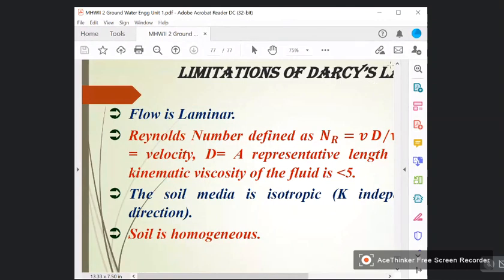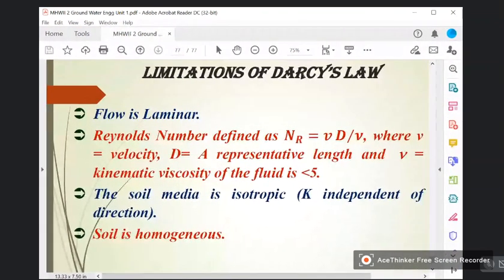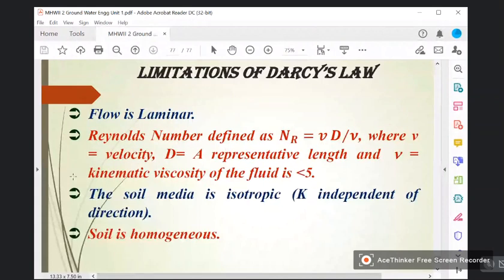So, what are the limitations of Darcy's law? The first one is, this is valid only for laminar flow. So Reynolds number is defined as NR. In all groundwater engineering, normally we use NR instead of R or Re for Reynolds number. The definition of NR is the same, VD by nu.